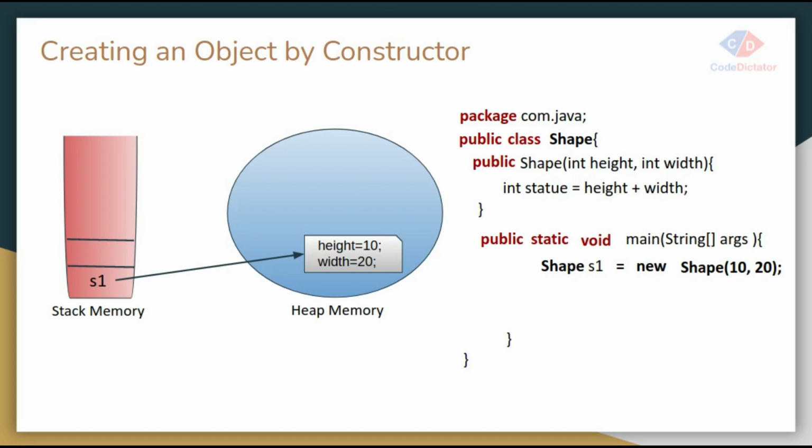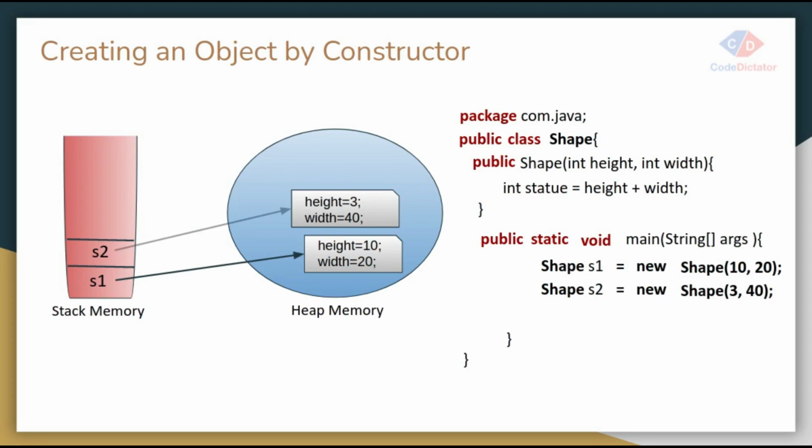Let's take one more simple example. Shape S2, same thing: S2 gets stored in the stack memory. When we use the new keyword, it creates a new location in the heap area, and we call the constructor of my class Shape and pass 2 values as parameters, 3 and 40. So 3 is the height and 40 is your width.